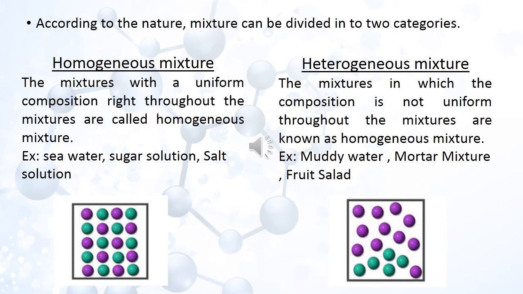If you mix it thoroughly, you can feel the same taste from top to bottom. Why is that? Because orange, water and sugar are equally distributed in the mixture. Each and every place you will get the same composition.